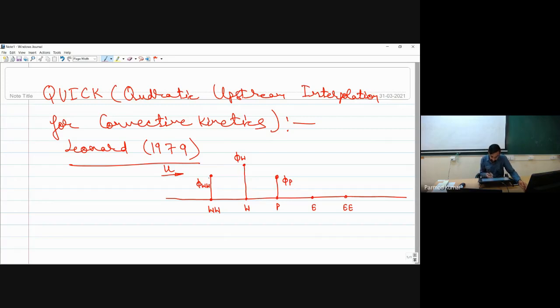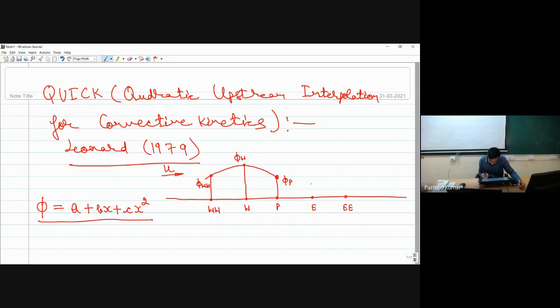If I employ a quadratic fit here, the variation of the function will be a plus bx plus c times x square. So that will be the nature of the function, and my curve fitted between these three values of phi will look something like this.